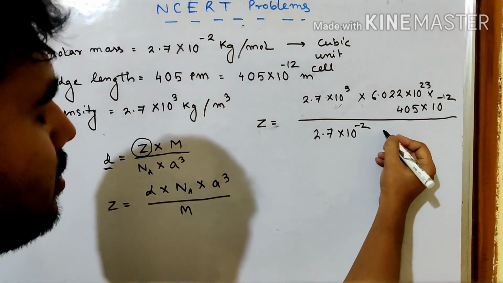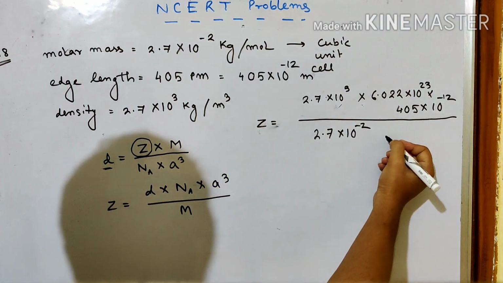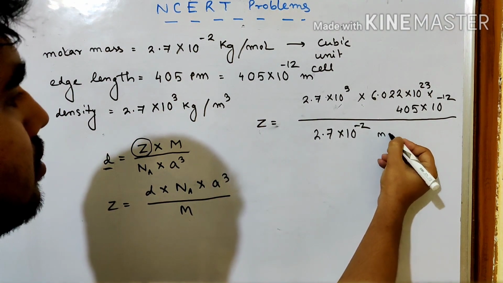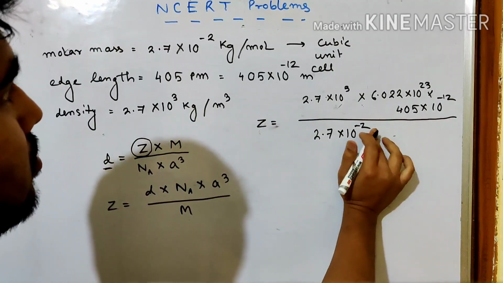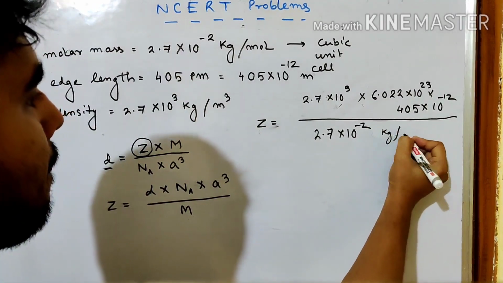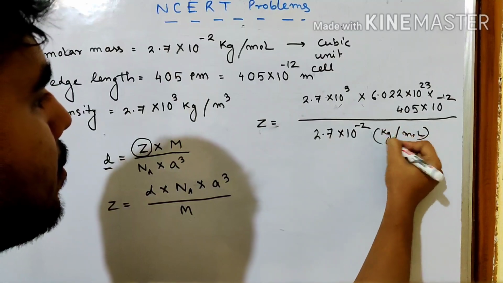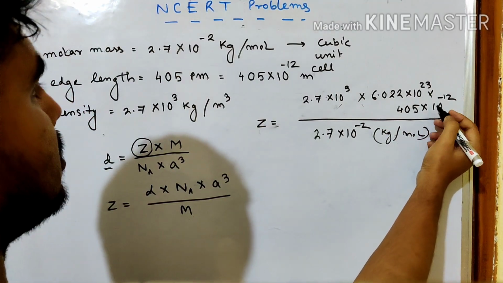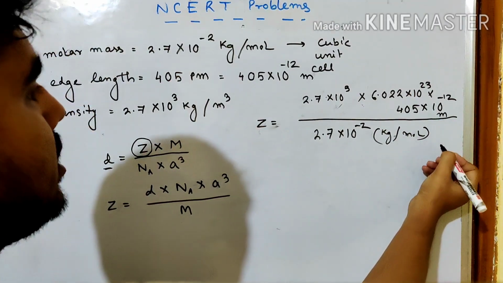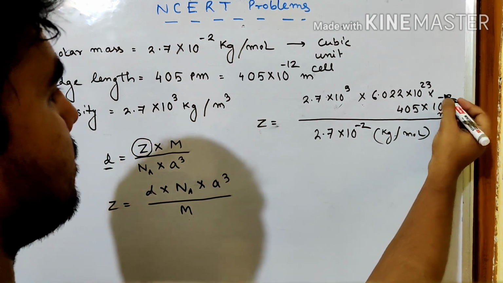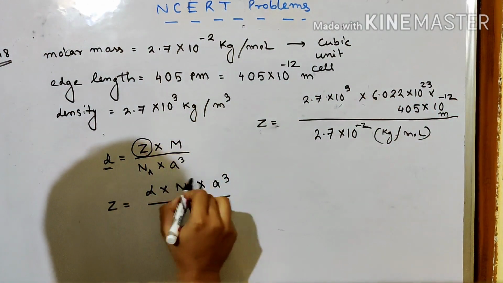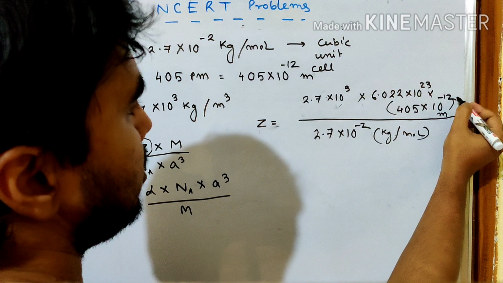Just a quick thought: here it is kg per mole. This one is meter, it is a cube actually, so it should be meter cube.